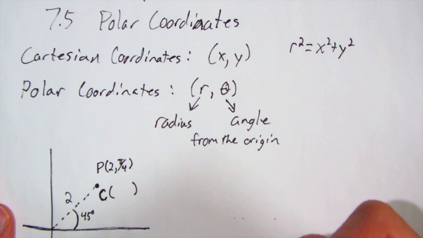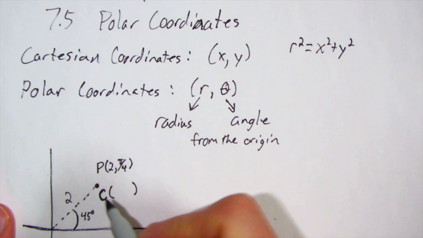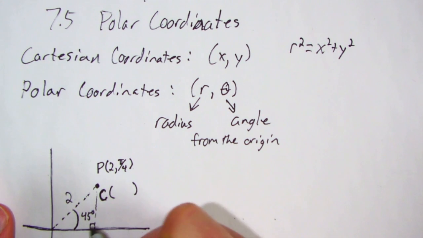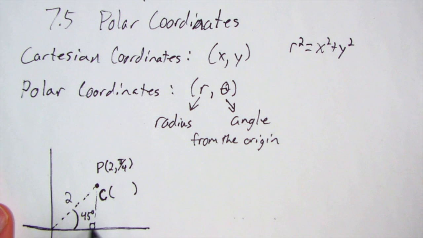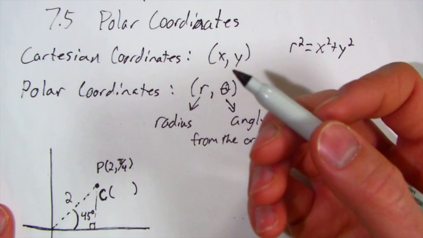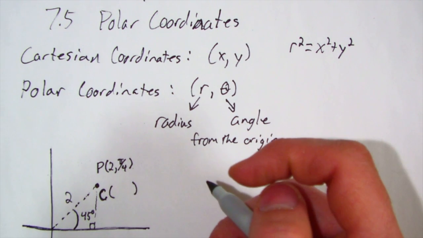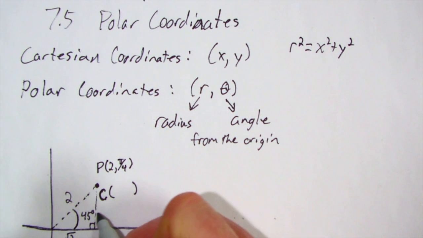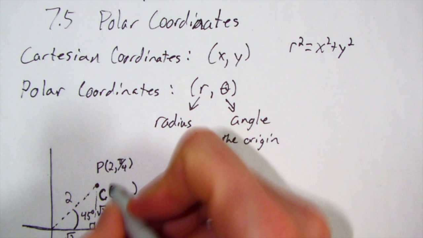Now if I were to find the Cartesian coordinates for this same point, I would basically want to know how far out along the x-axis is this and how far up from the x-axis is this. That's how we do Cartesian coordinates. Now I already know from personal experience that this is going to be the square root of 2 for both of those sides.